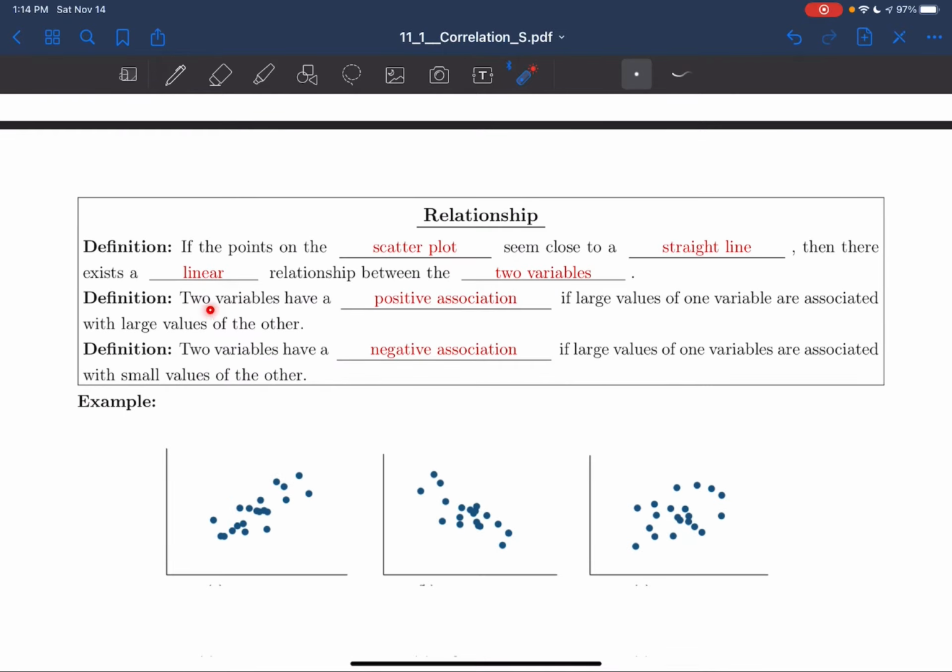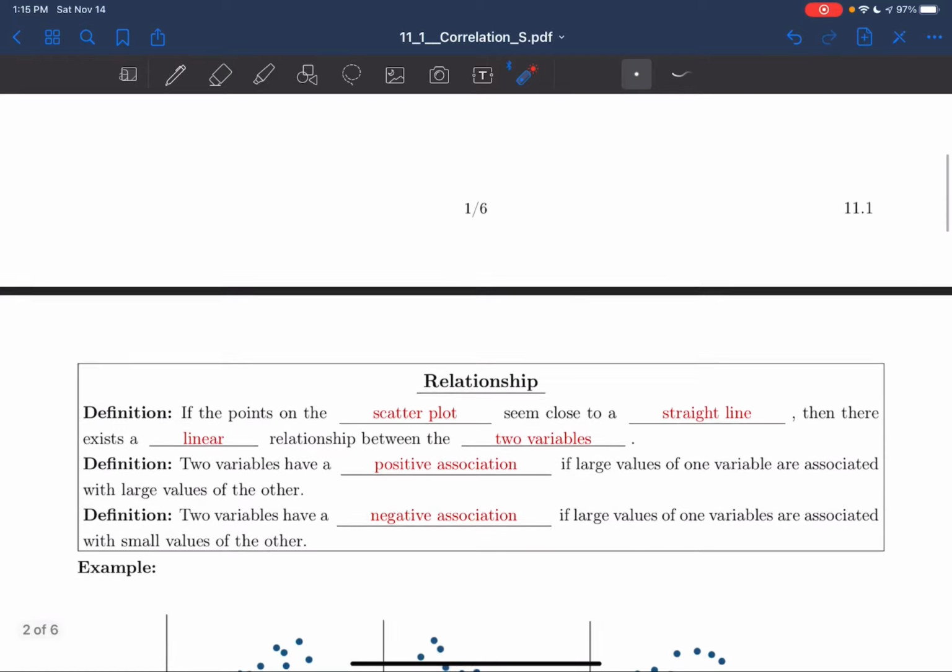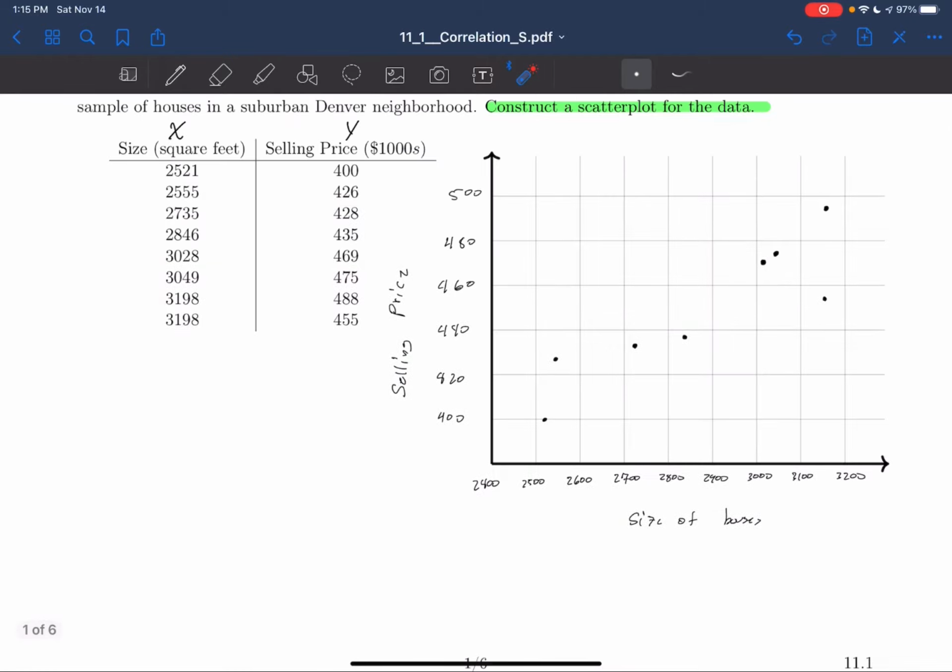Two variables have a positive association if large values of one variable are associated with large values of the other, and two variables have a negative association if large values of one variable are associated with small values of the other. Here, notice that if I draw a straight line, it seems like we have a linear relationship.